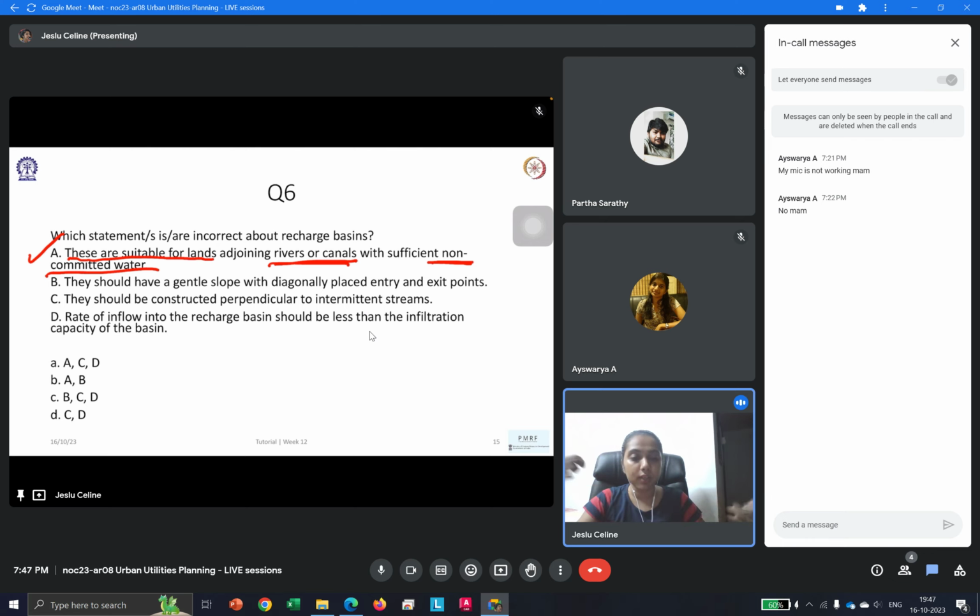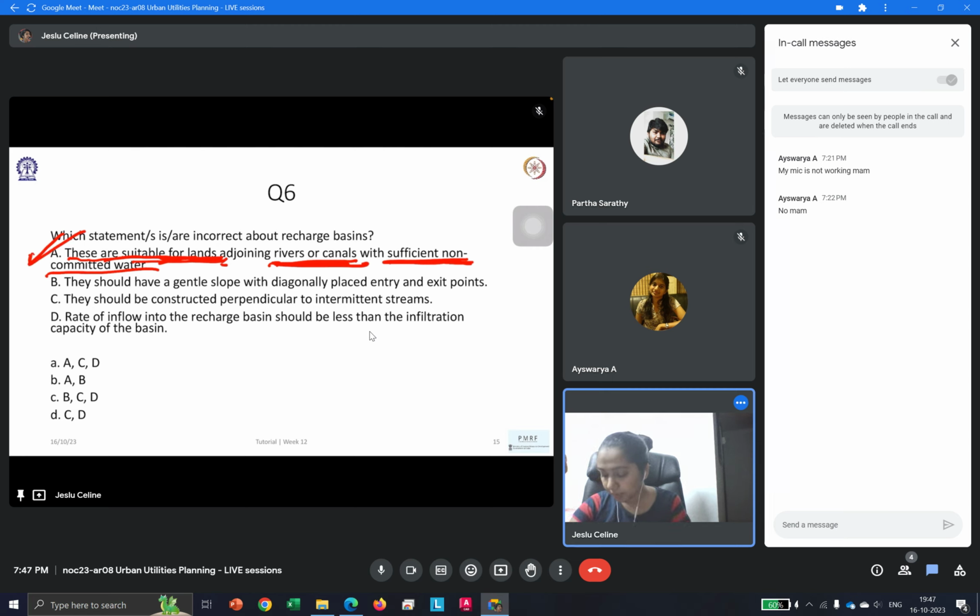Whatever water has been assigned for a particular use, we cannot use to recharge our underground reservoirs. That is why it says sufficient non-committed water, which means water not being used for anything, is suitable for recharging adjacent basins. So this is a correct statement.